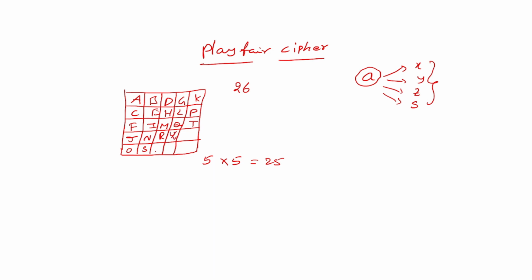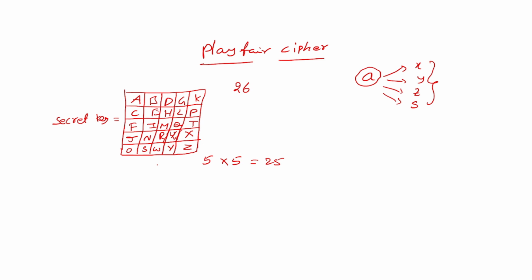U, V, W, X, Y, Z. So what are the two characters placed in a single cell? U and V. It is an understanding between the sender and the receiver. So any two characters you can take in a single cell, and you can take the secret key in any order, row wise or column wise or diagonal wise. This is the secret key we are using in Playfair cipher.